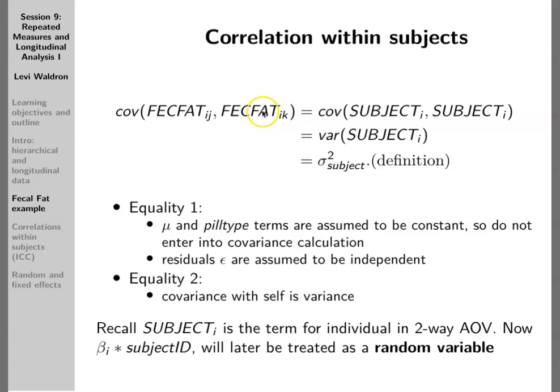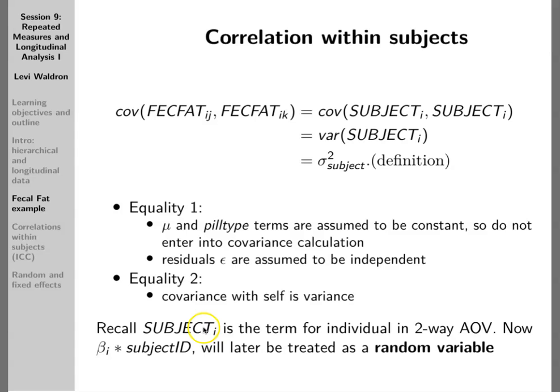So this covariance can be simplified out to just the effects of subject I, and that's because the overall mean and the pill type are being modeled here as constants. That is, they are fixed effects, so they don't enter in. Covariance between any random variable and itself is just the variance, and this is just another way of writing the variance.